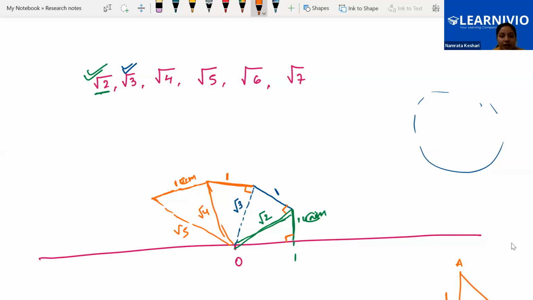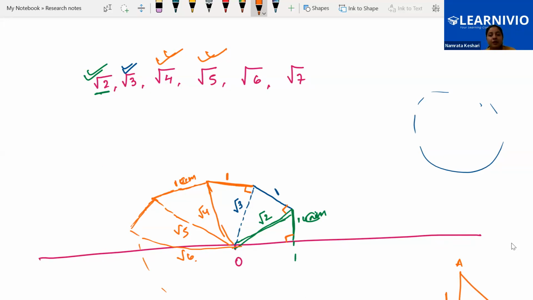So in the same diagram you will start getting a circle type of diagram. Root 4 we have done, root 5 we have done. Here again a 1 centimeter perpendicular, joined with O, gives root 6. Again root 6 plus 1 will give root 7. This is just a classroom activity. If you are getting it, this is how you have to do it.